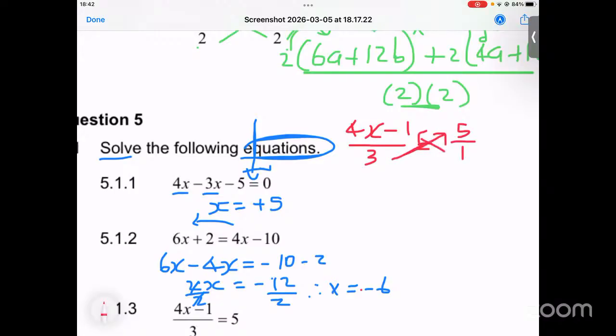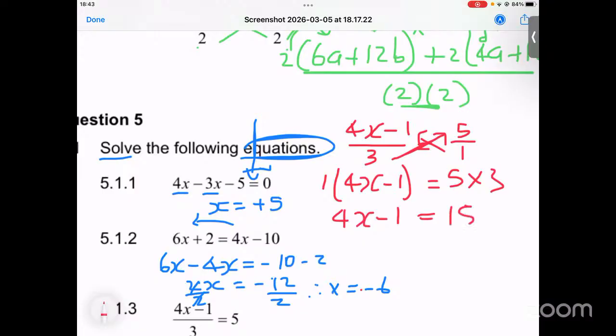So you end up having that one, which is multiplying that 4x minus 1, and then that 3 multiplying that. Then you end up having that and that, because anything that you multiply by 1, it becomes that same thing.